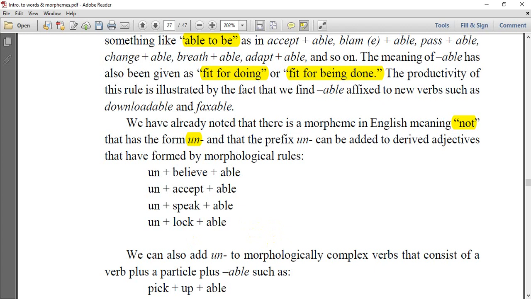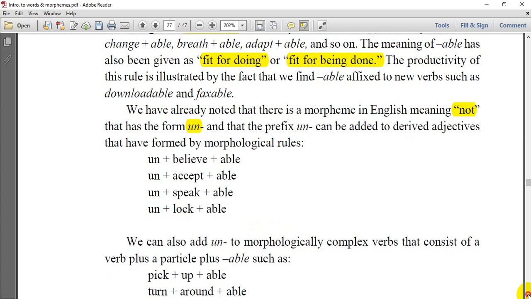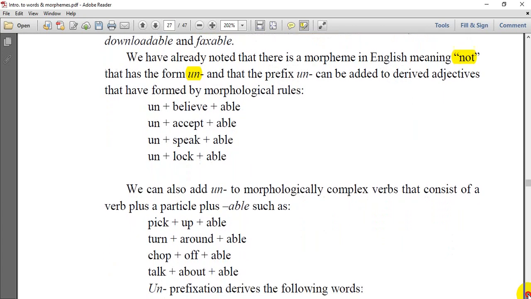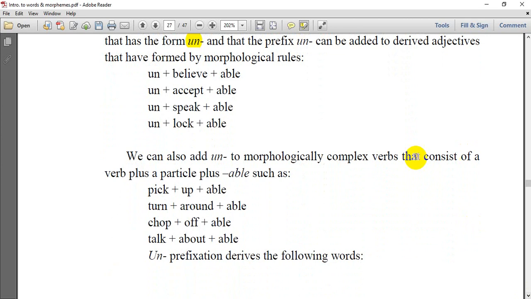Also, we can add it to morphologically complex verbs that consist of verb plus a particle plus -able, such as pick-up-able and unpick-up-able, turn-around-able and unturn-around-able.